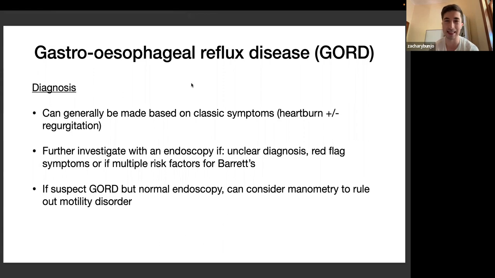The diagnosis isn't clear if they have any red flag symptoms, which we'll touch on in a moment, or if they have multiple risk factors for Barrett's. If you suspect they have GORD based on their clinical history, however, the endoscopy is macroscopically unremarkable, you can consider a manometry study to rule out an underlying motility disorder.